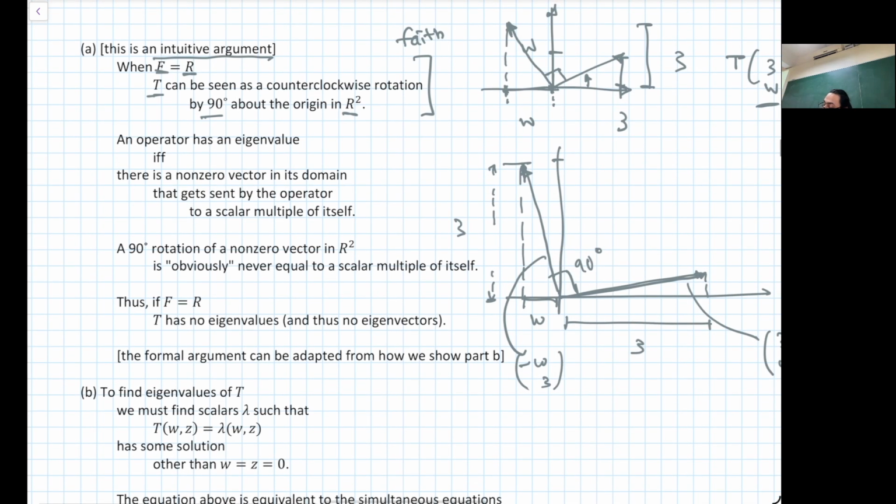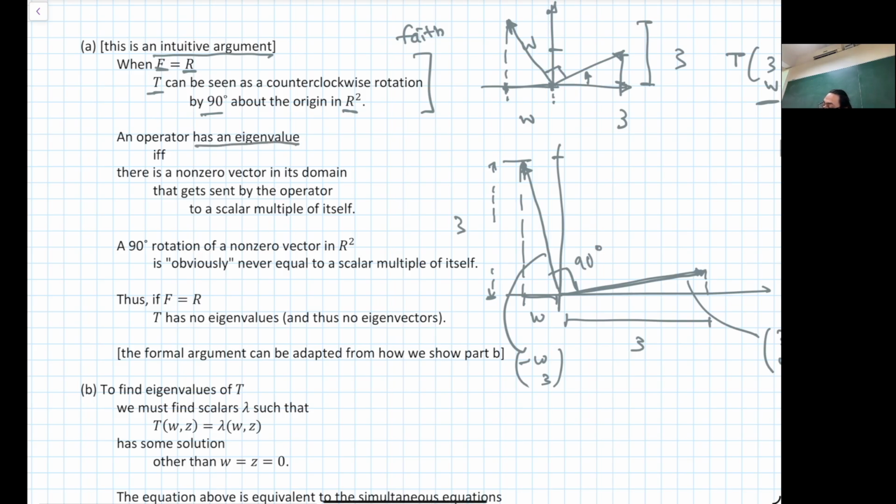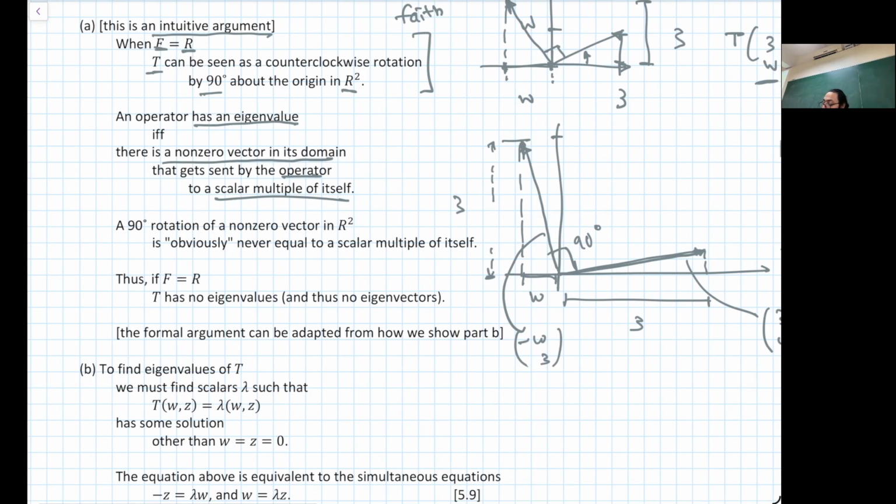Now, it says an operator has an eigenvalue if and only if there is a non-zero vector that is sent by the operator to a scalar multiple of itself. Is this fine? That is what we just discussed. However, a 90-degree rotation of a non-zero vector in R2 can obviously never be a scalar multiple of itself.